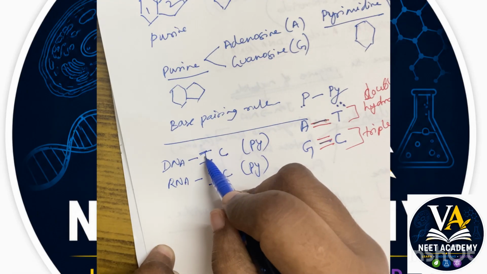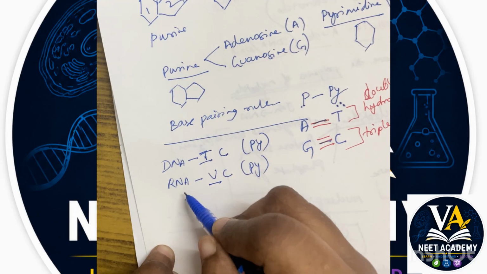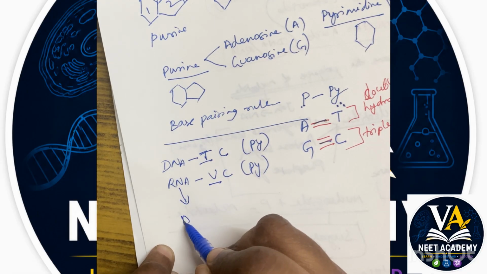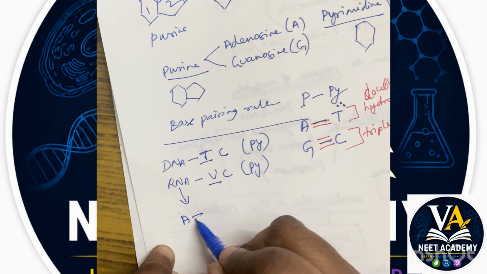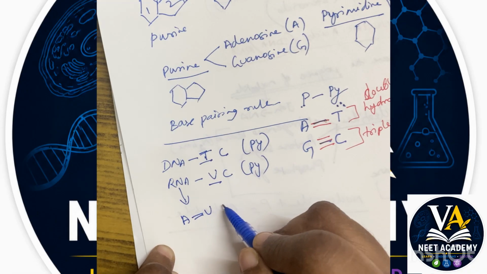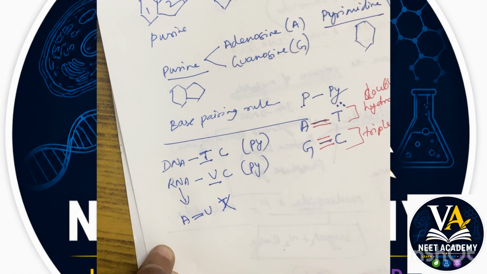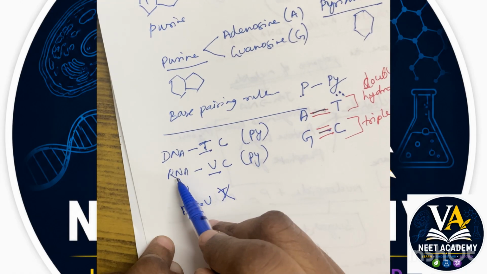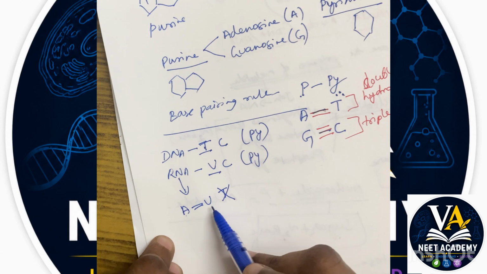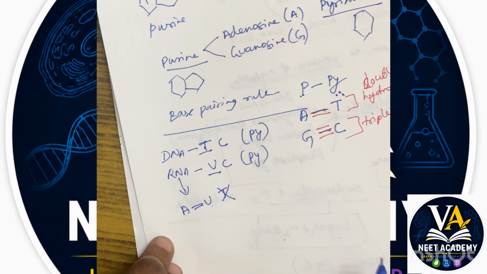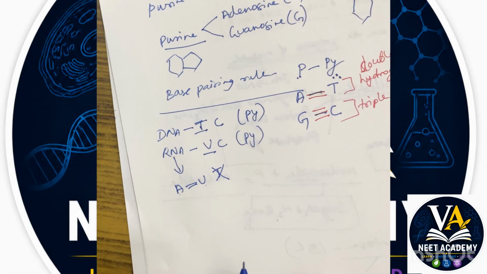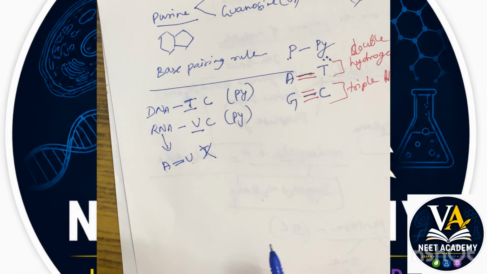RNA does not have thymine. So in RNA, if adenosine is the purine, it pairs with uracil and not with thymine. If it is RNA, A pairs with U and not T. Got it? That is the only difference. So this is the pairing rule.